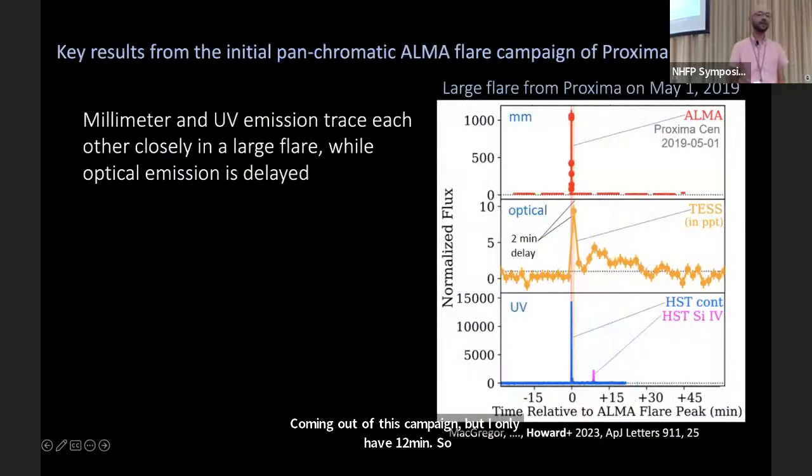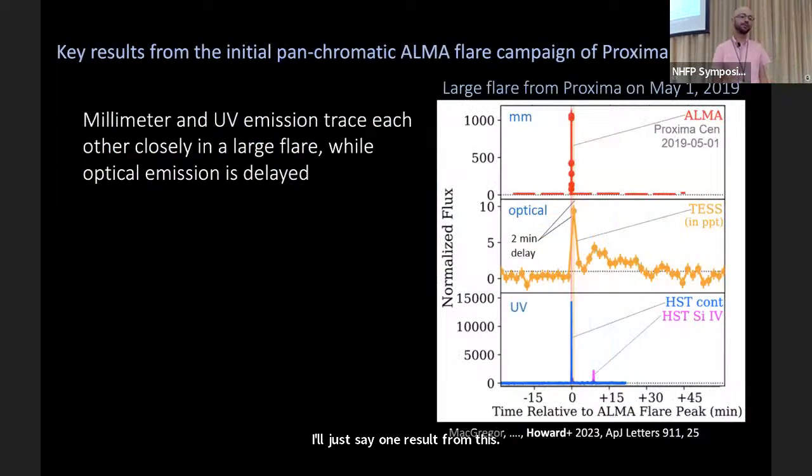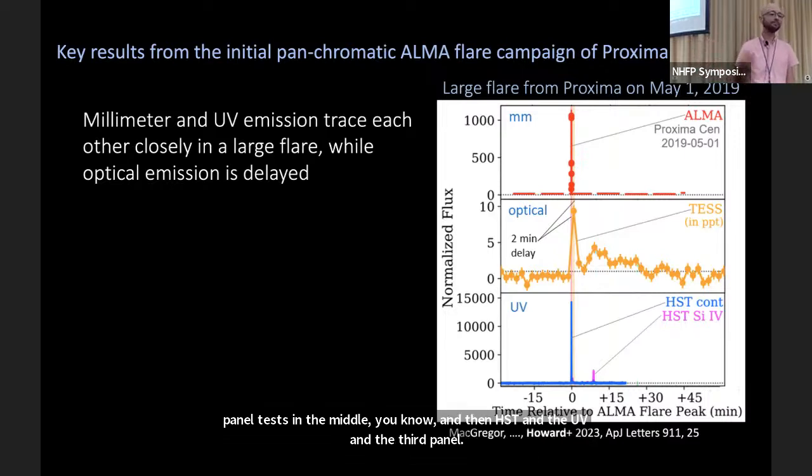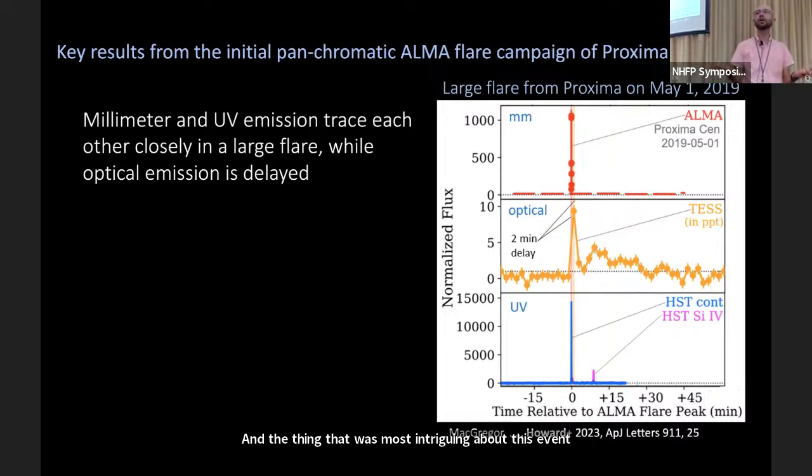Here we go. That's a large flare from Proxima Cen that we observed on May 1st, 2019 with ALMA in the top panel, TESS in the middle panel, and HST in the UV in the third panel. The most intriguing thing about this event is that the millimeter emission and the UV emission were in perfect lockstep, while the optical emission was weaker and a bit delayed relative to the other two bandpasses.